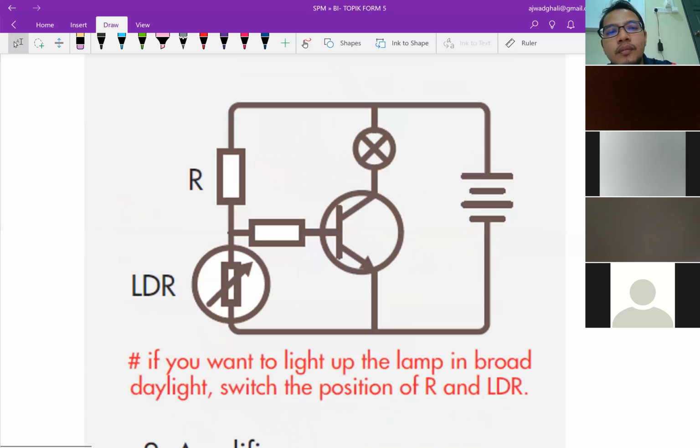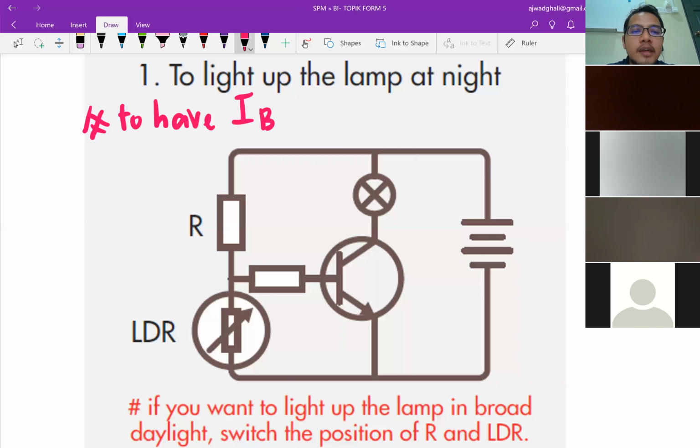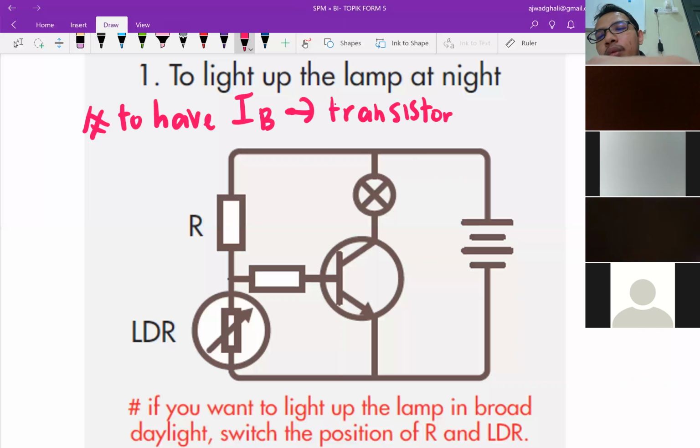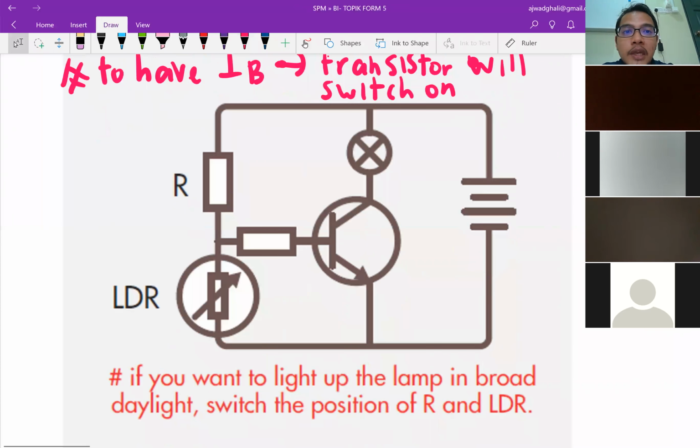So for a transistor, the most important thing is you need to have a base current. If you have the base current, the transistor will switch on. Let me explain.